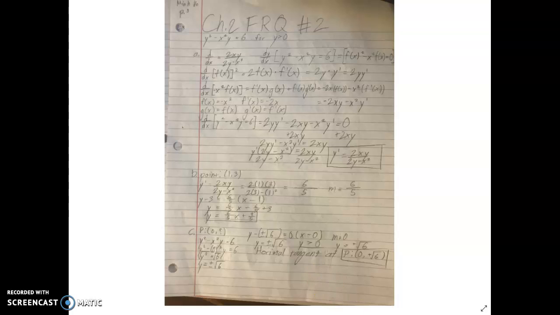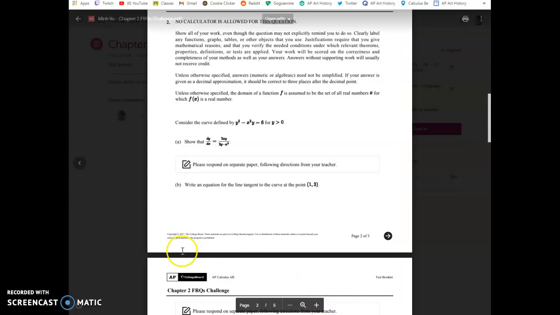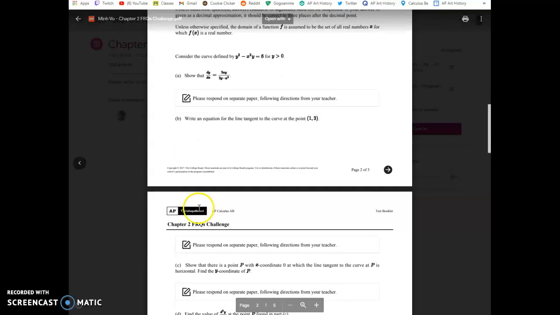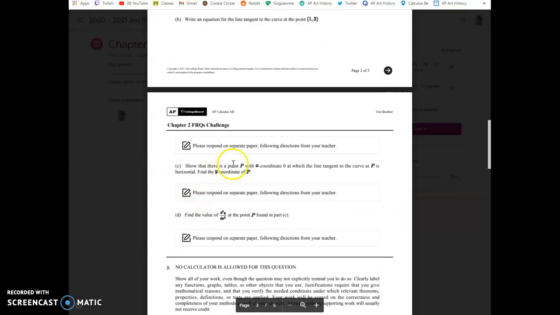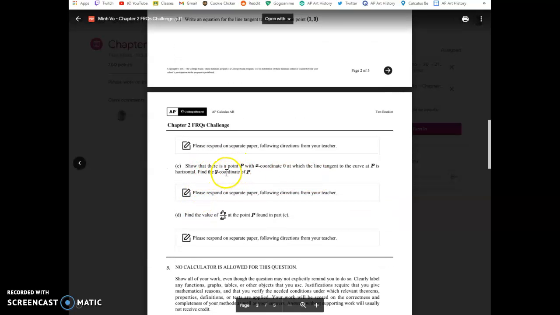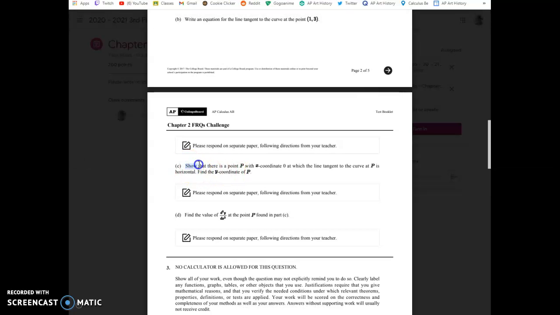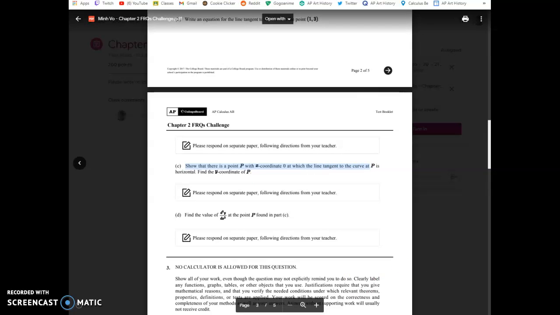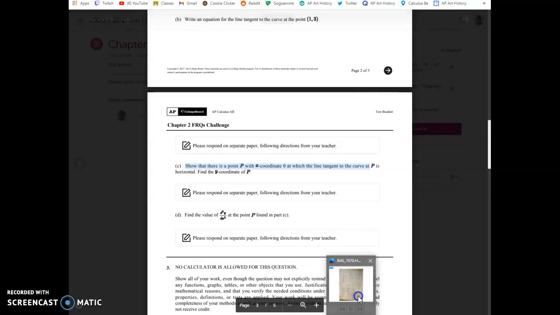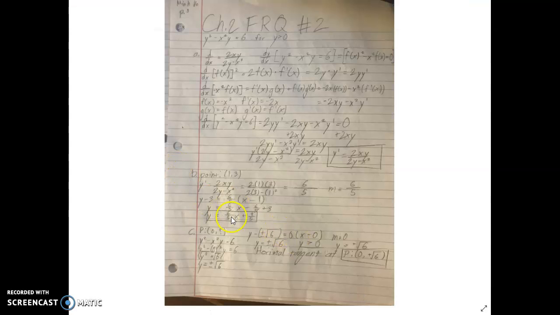And so now we are asked to find the y coordinate of P. So show that there's a point P with x coordinate 0 at which the line tangent to the curve at P is horizontal.